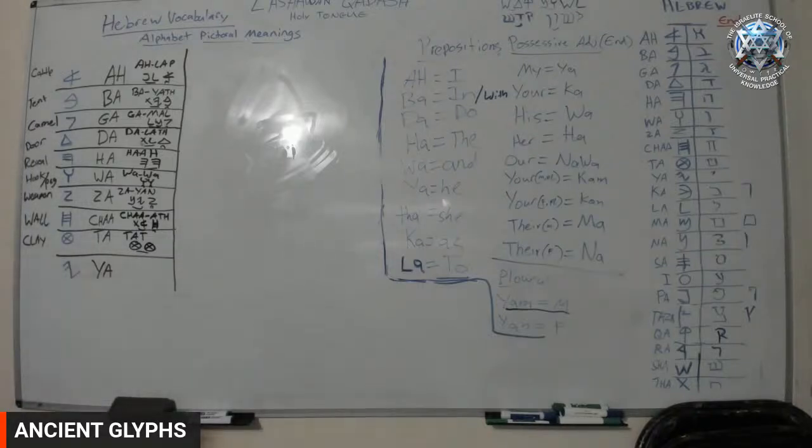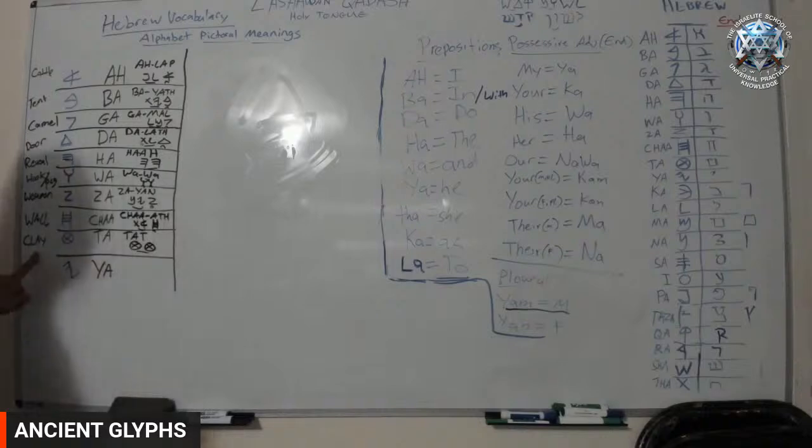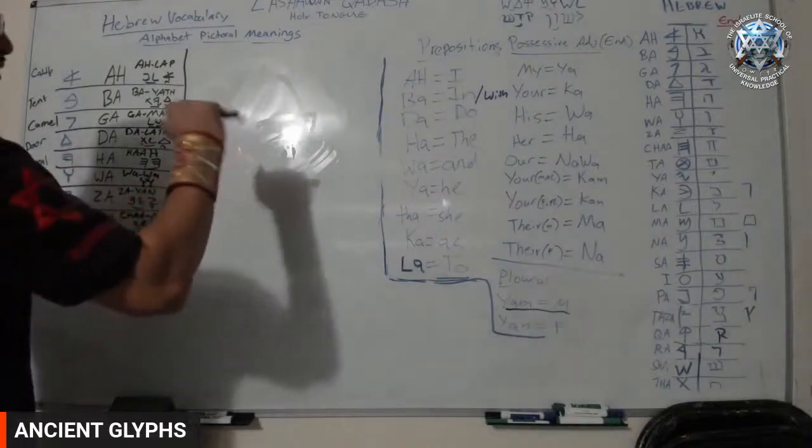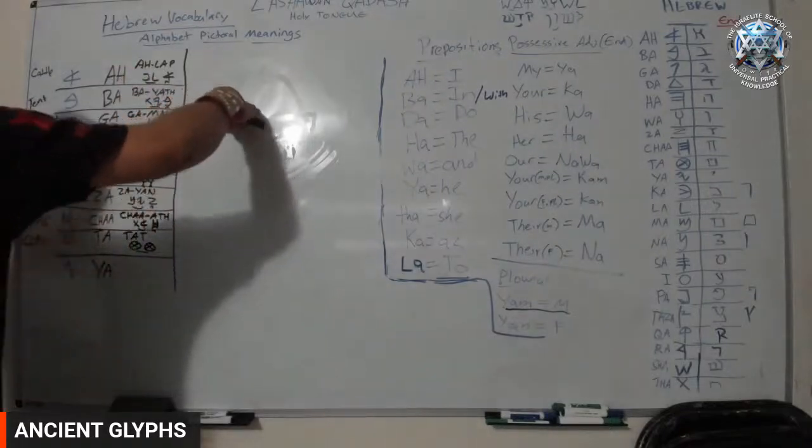Why is that important? This is very important because this is what is used on a seal. Because clay is a material. I forget exactly what clay is, like mud and stuff put together. Clay can be used to create a house. Clay is used to make brick. Clay was used on stamps, like a letter, where a king would have his ring and he would stamp it into the clay.